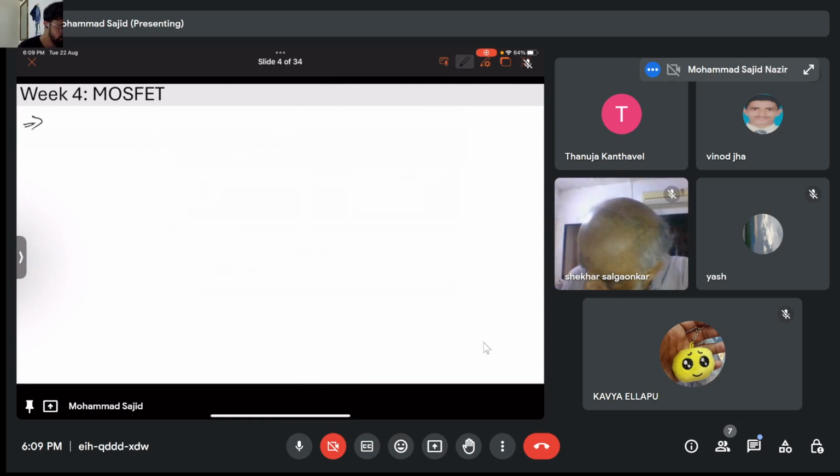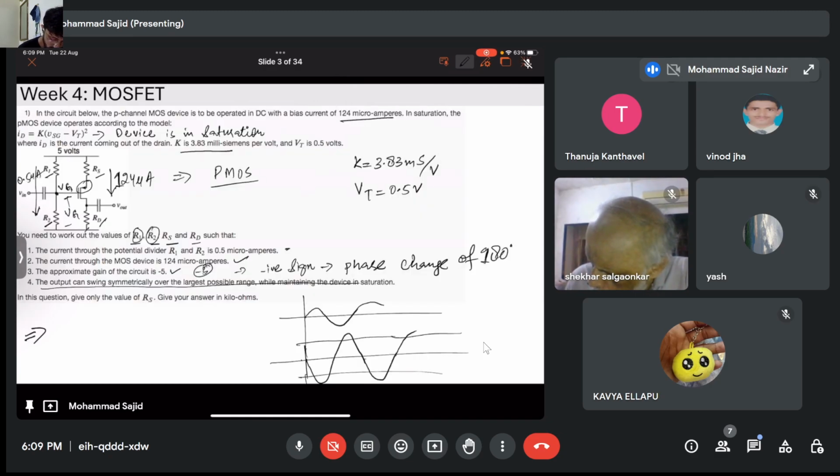First, let's see the current through R1 and R2 is 0.5 microampere, right? That means there's a voltage of 5 volts here.